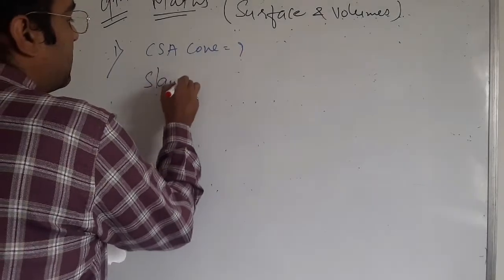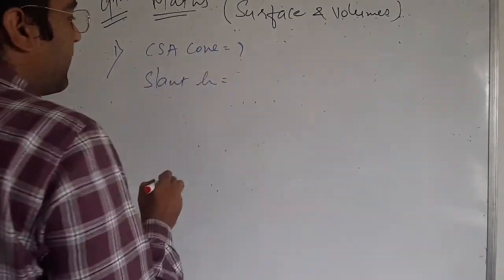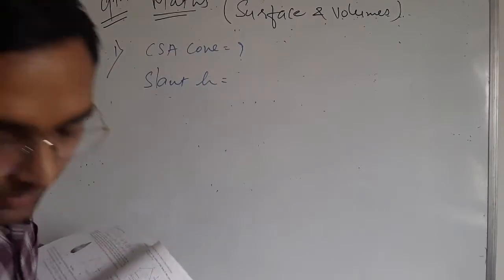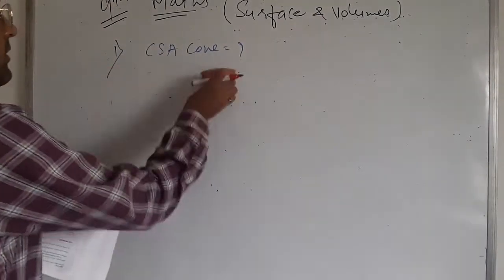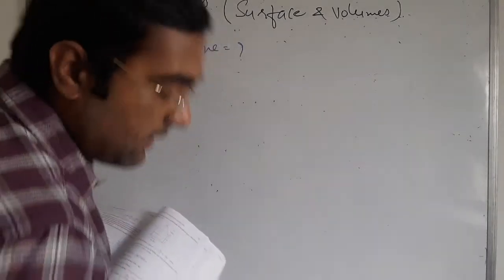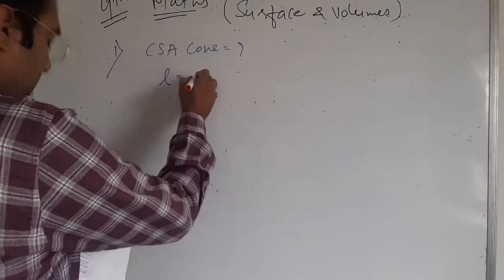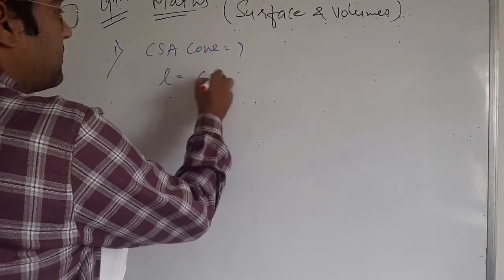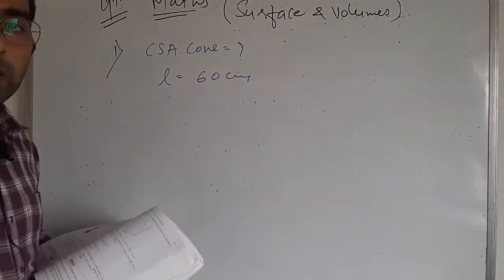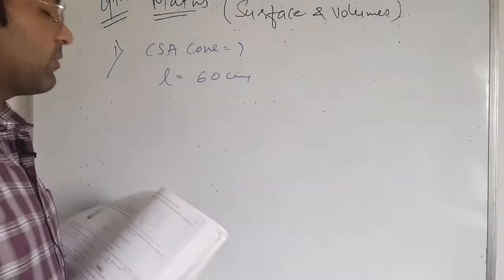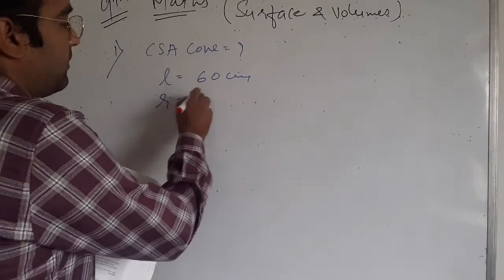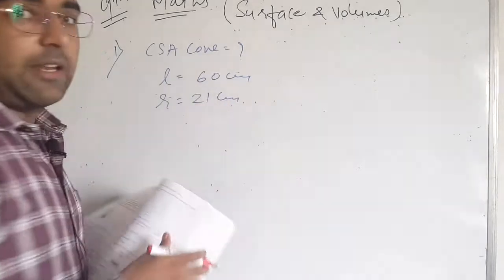So slant height is my L, given as 60 centimeter. And the radius of its base is 21 centimeter.